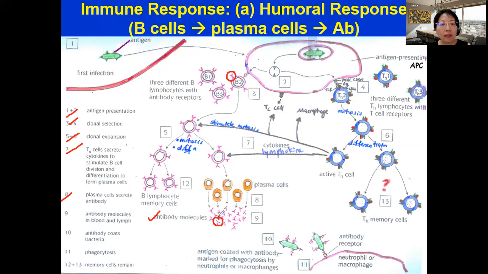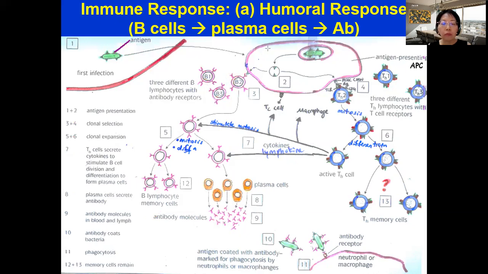The receptor molecule structure is similar to the structure of antibody. That's why it is called the antibody receptor, because it looks like antibody. So B2 cells, once activated, secrete antibody that will look like the receptor. B3 cells secrete antibody that will look like this. B1 cells' antibody will look like this.